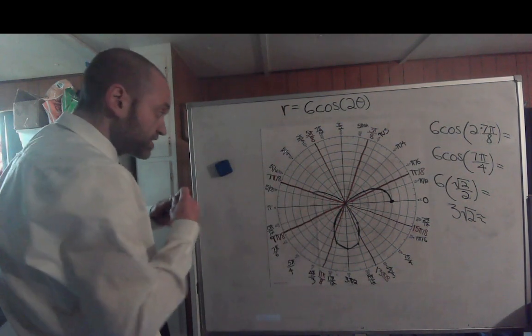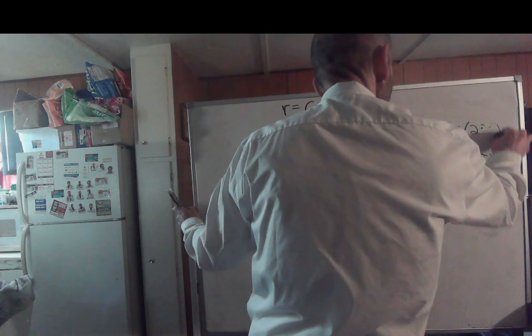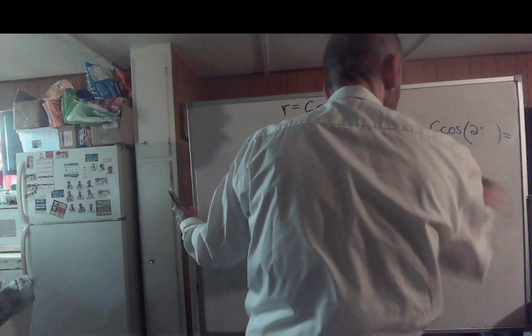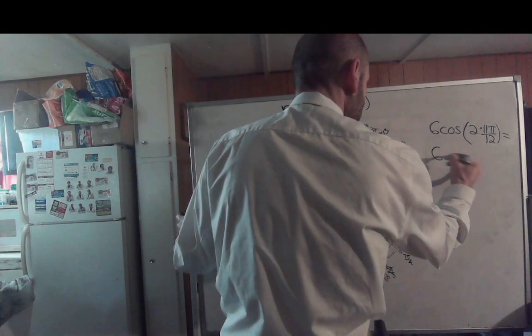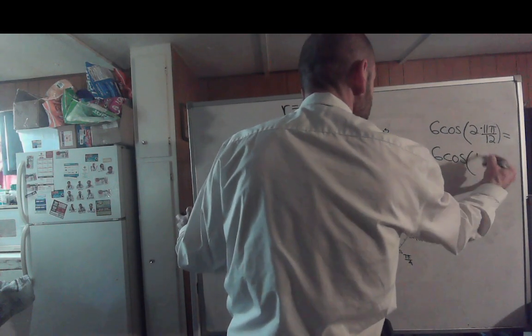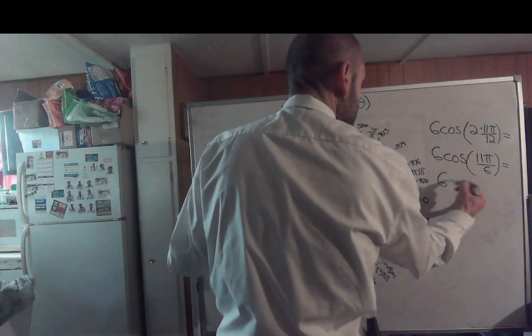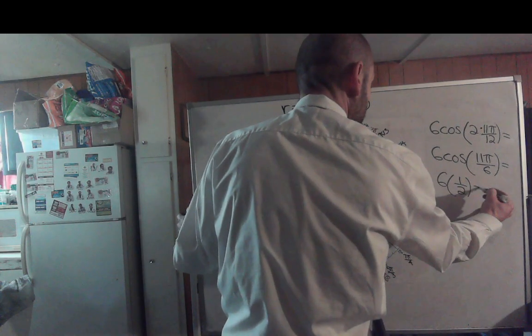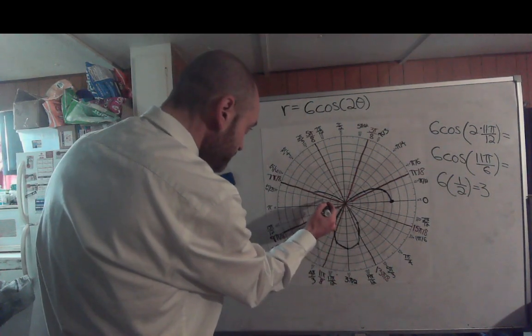And then let's go ahead now to 11 pi over 12. Well, 2 times 11 pi over 12, that's 11 pi over 6. So 6 times the cosine of 11 pi over 6, that'd be 6 times 1/2, which would just be 3. So we're down to 3 right here.